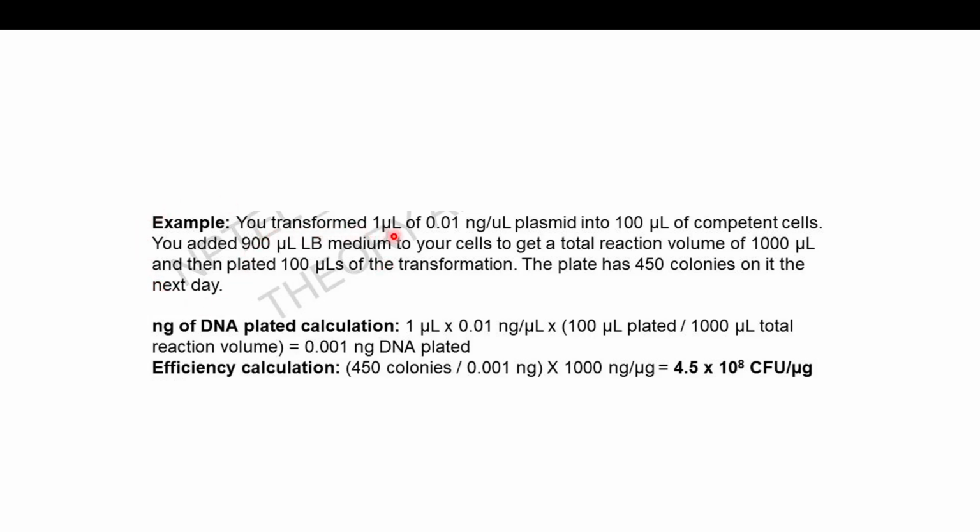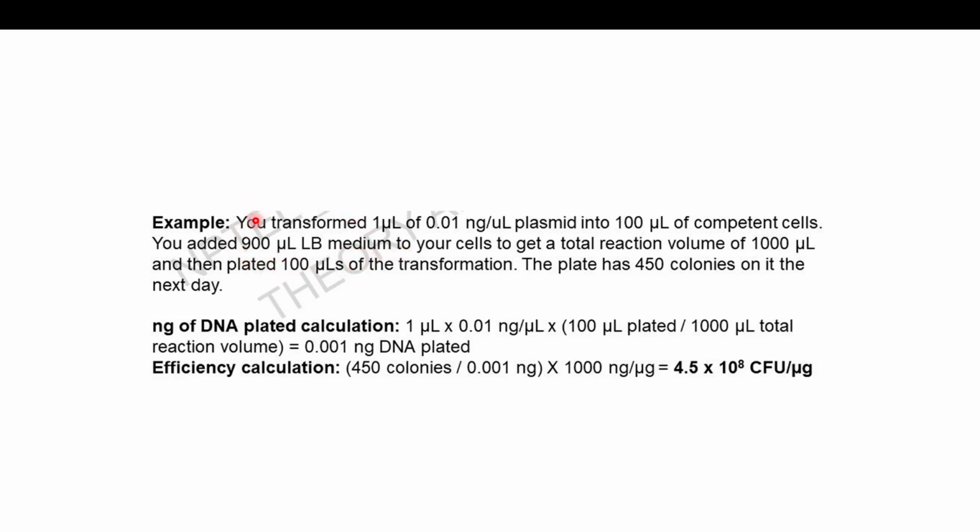Suppose you transformed 1 microliter of this much plasmid. That means if you are transforming 1 microliter, this is the concentration of the plasmid. So if you are adding 1 microliter, that means you are adding 0.01 nanogram into 100 microliter of competent cells. Now you added 900 microliter LB medium.